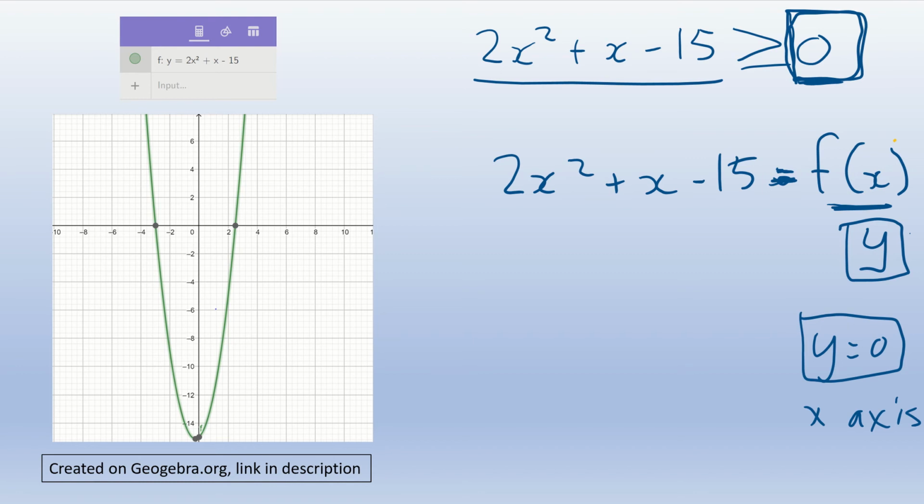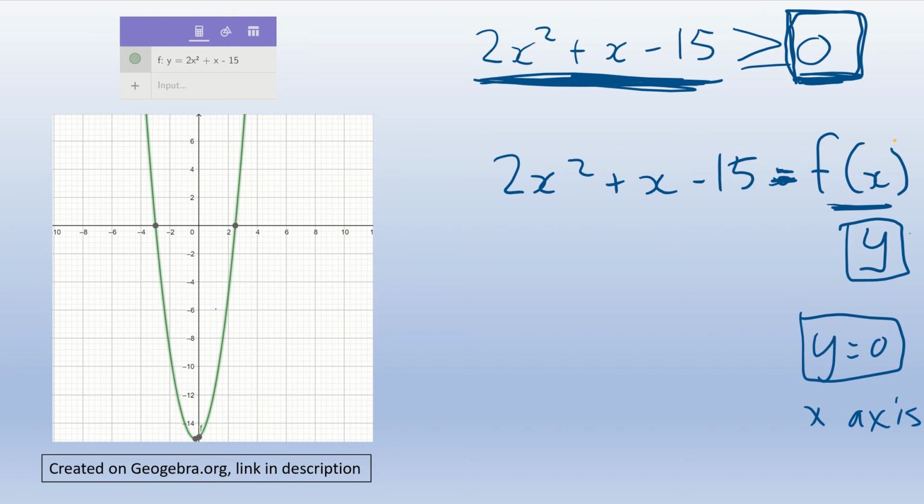So there are a couple of layers there to get your head around, but in short, these guys are trying to ask you in simple English, where is this quadratic greater than the x-axis?